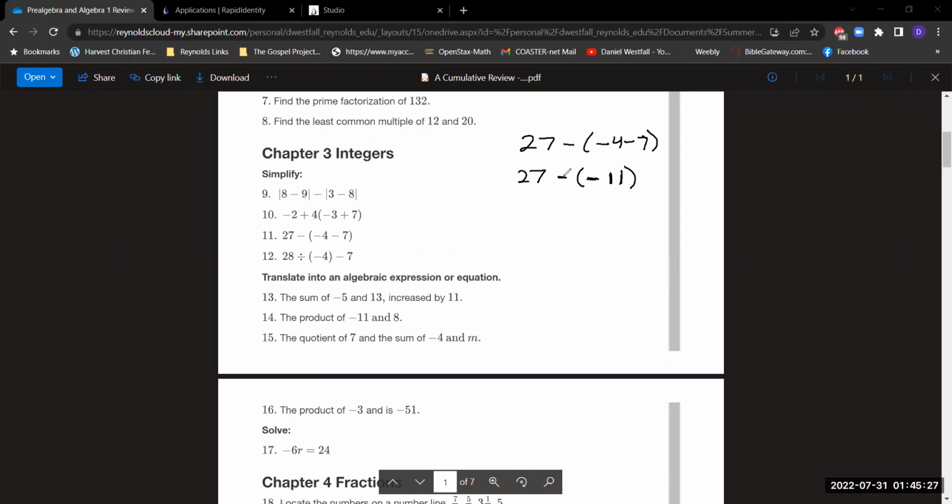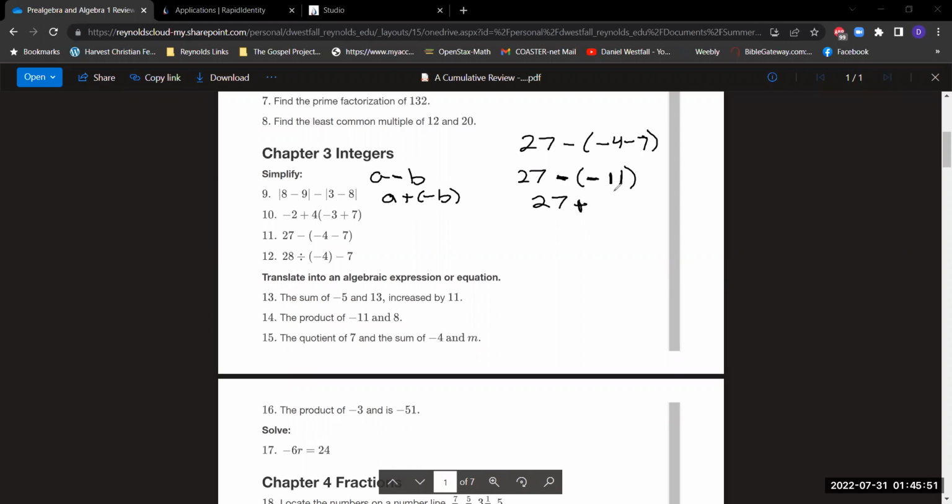Now I've got a negative outside here. This is subtraction. Subtraction is addition of the opposite. Don't forget that. A minus B means that we're adding the opposite of B to A. So I'm going to change this subtraction to addition.